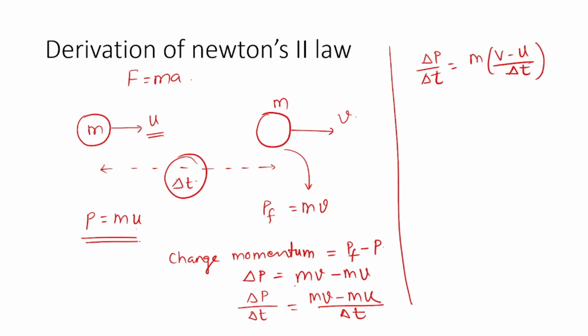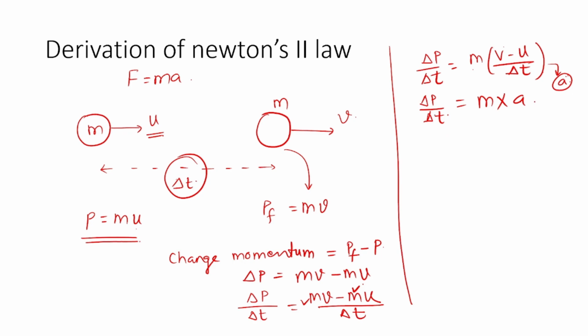So what I'm doing here is taking m common. So I can write now m into a. Why a? Because (v minus u) by delta t represents acceleration. So mass into acceleration is equal to delta p by delta t.